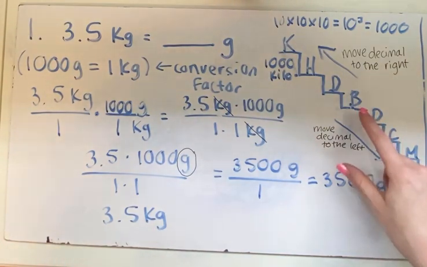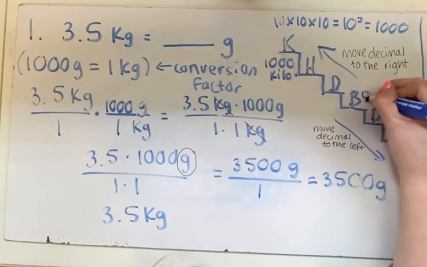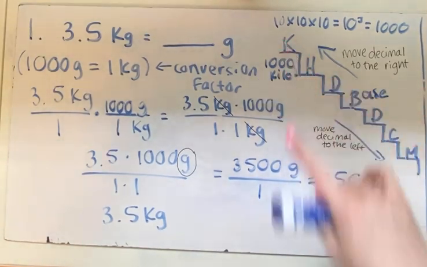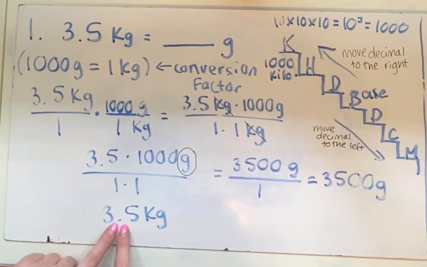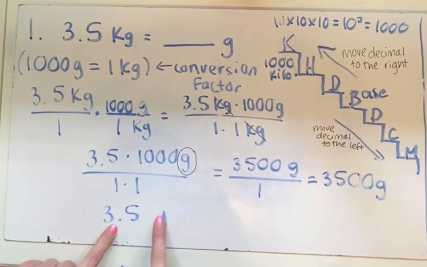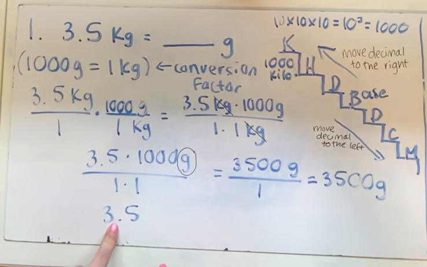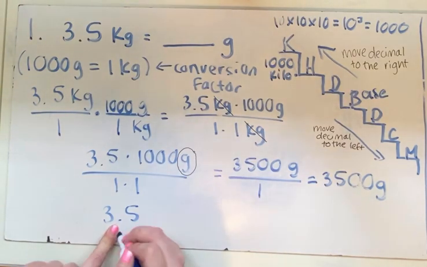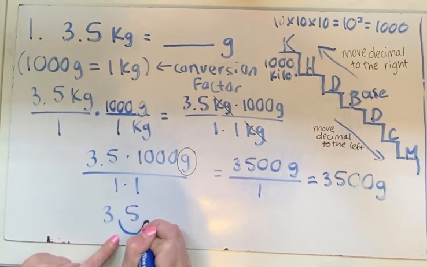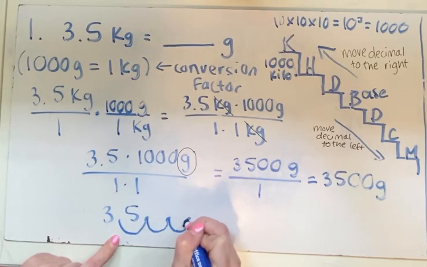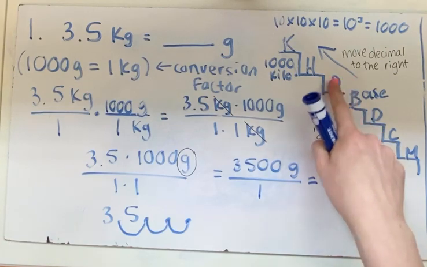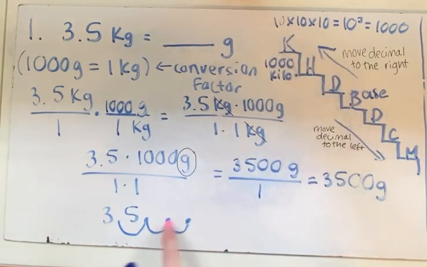So if we wanted to go from kilograms to grams, which is our base unit, we're going to move the decimal place to the right. And we're going to add zeros as we need. So I'm just going to erase this kilograms part for now because we're going to know that our answer is in grams. Okay, so moving to the right and adding zeros as I need, I would move the decimal place 1, 2, 3 places to the right because I'm going 3 places up the metric staircase.